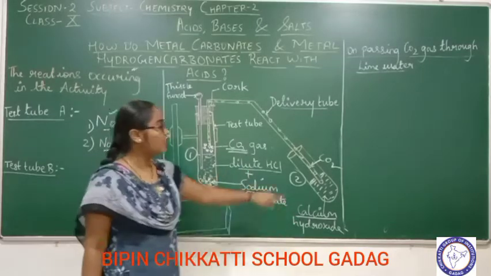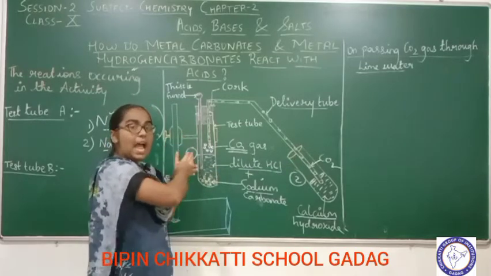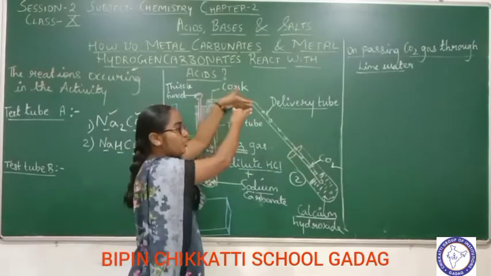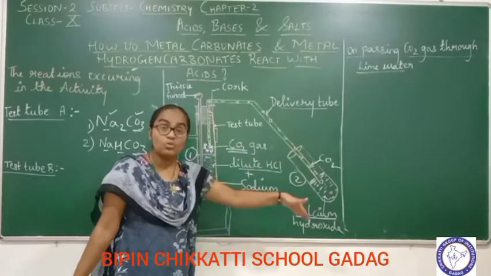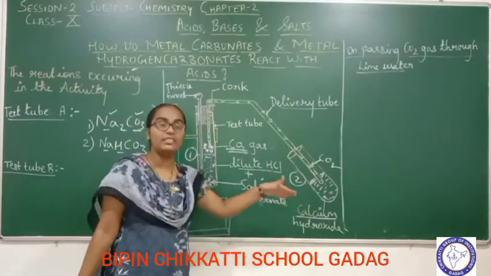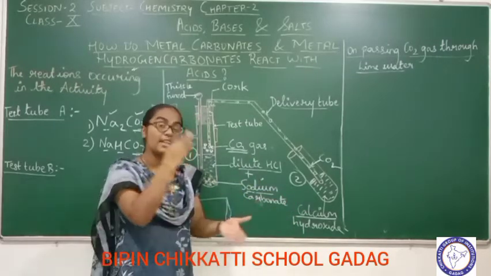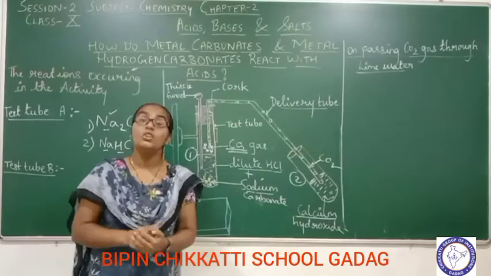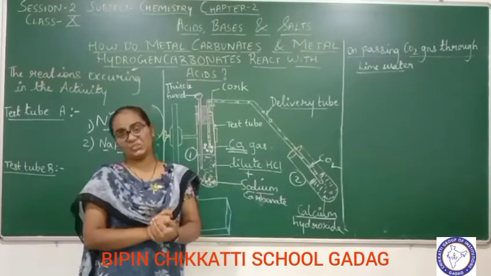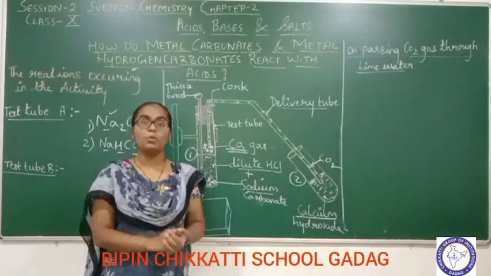This carbon dioxide gas, evolved from test tube A and traveling through the delivery tube, enters test tube 2 and encounters another liquid, calcium hydroxide. So that carbon dioxide gas has to react with the calcium hydroxide to form some other product over there. We'll understand that by writing the reaction in more detail.